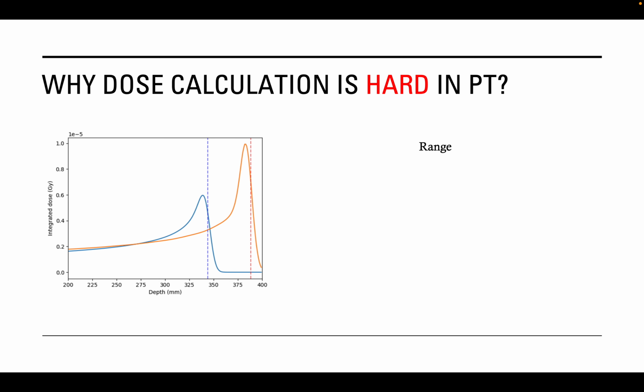Speaking of range, protons stop abruptly. A few millimeters of error in predicted range can shift the Bragg peak out of the tumor, or maybe put the dose inside the organs at risk, which we do not want.